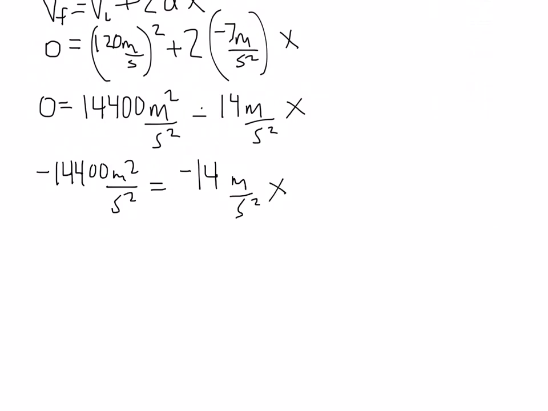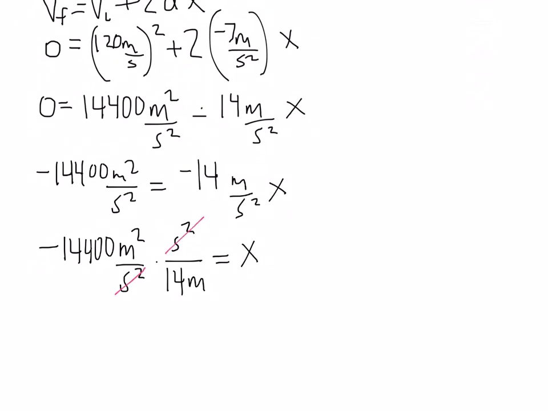Now I'm going to divide by a negative 14 meters per second squared on both sides. So I'm going to end up with minus 14,400 meters squared over seconds squared, and remember the reciprocal. And that's equal to x. And I got these seconds canceling out. Again, one of those meters cancels out there.